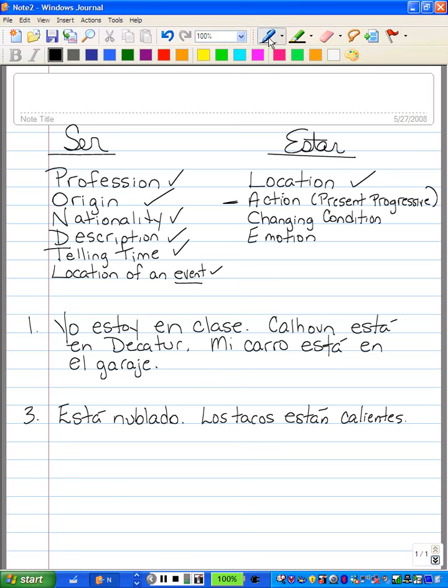Another changing condition is illness. You could say, mi hijo, my son, está enfermo, he's sick. Alright, and then emotions, because emotions change all the time. You could say, yo soy, hold on, my fault.